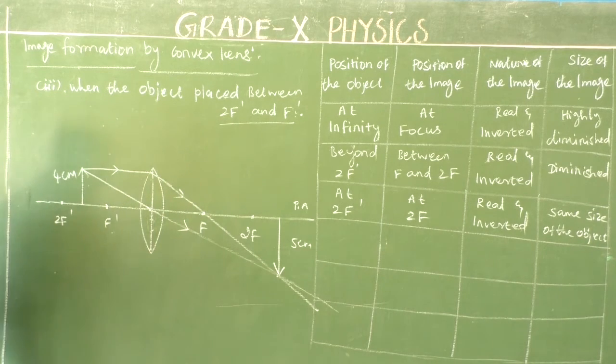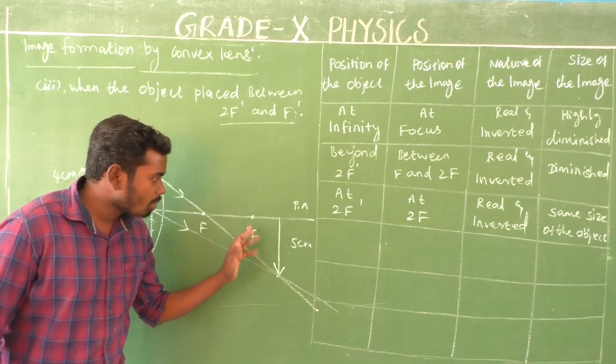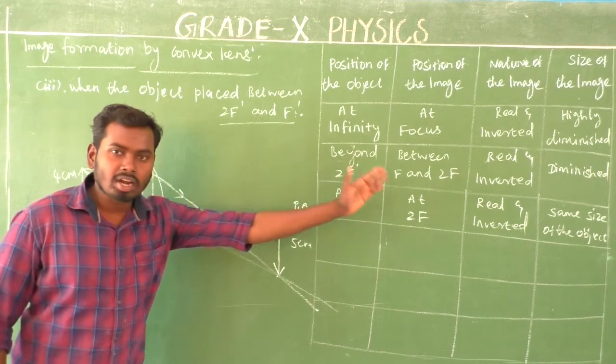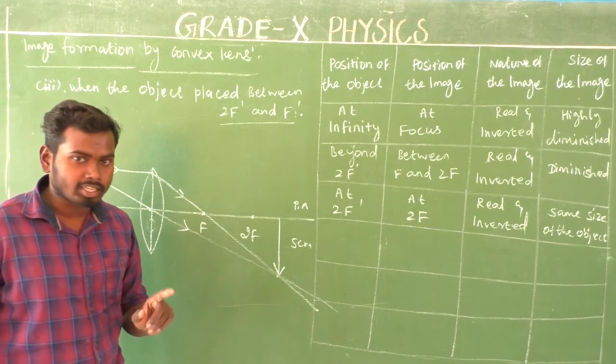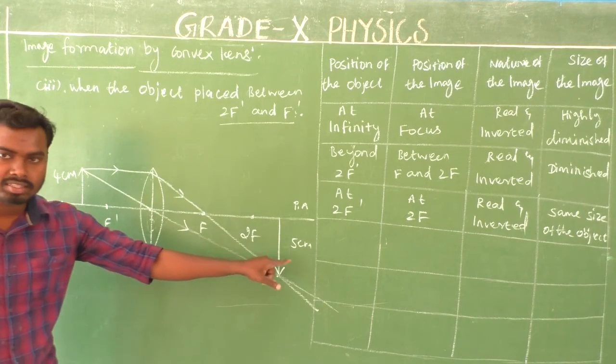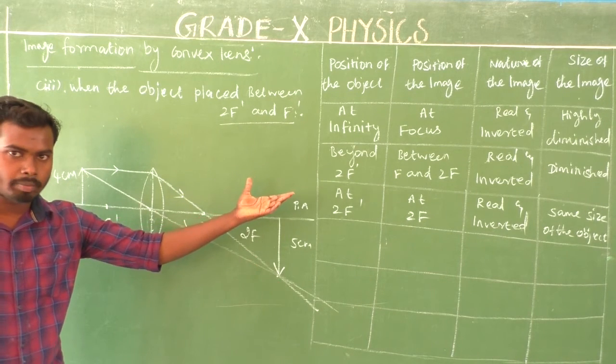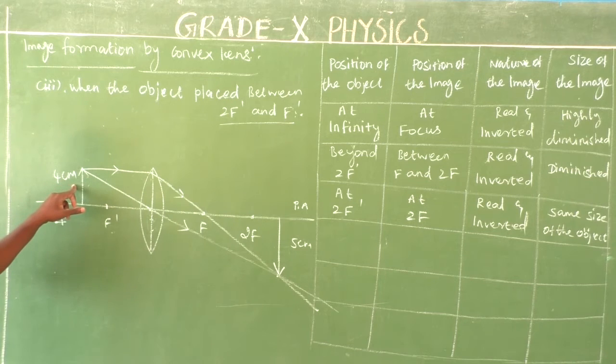So when we place the object between 2F' and F', an image is formed beyond 2F, which means beyond twice the focal length. The image size is enlarged, more than the object size.